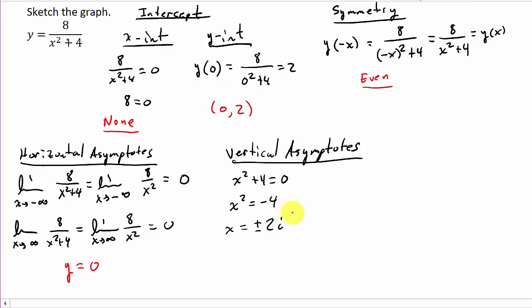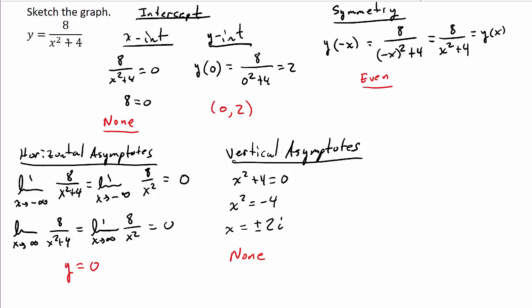We get an imaginary number. And you wouldn't have to do this. You can look at this and see that the denominator will never be 0. So there's not going to be any vertical asymptotes. So for vertical asymptotes, that would be none. And then there's no slant asymptotes because remember, for slant asymptotes, the degree of the numerator has to be 1 more than the degree of the denominator.